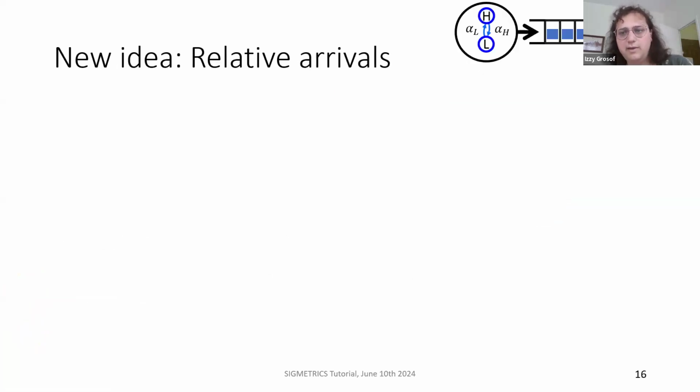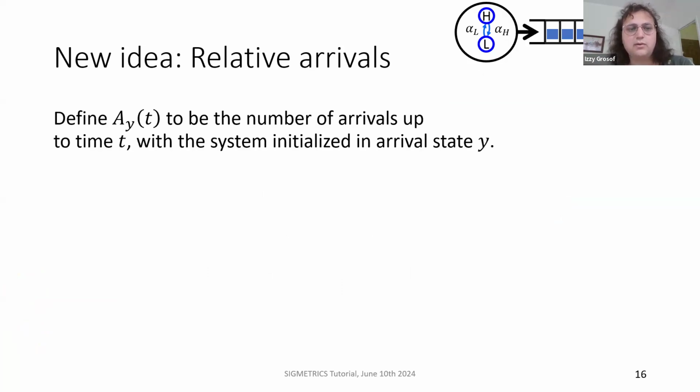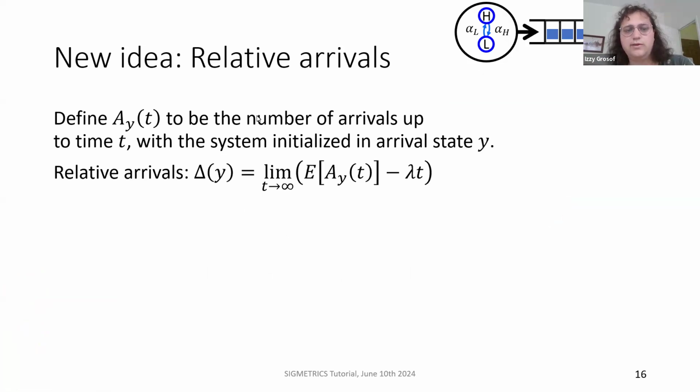So to make this happen, we came up with a completely new idea, something called relative arrivals. Let me show you how it's going to work. So first, let me define A sub y of t to be the number of arrivals up to time t, with the system initialized at time 0 in arrival state y. And we can define relative arrivals.